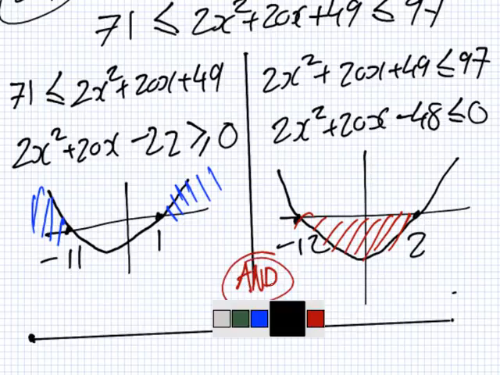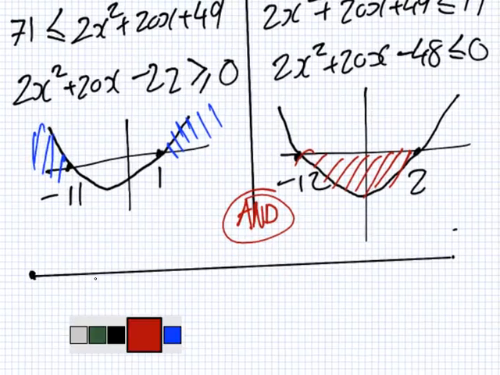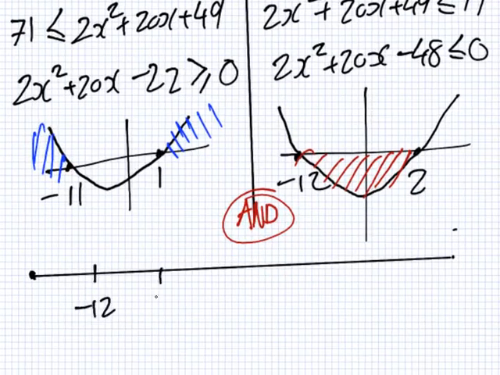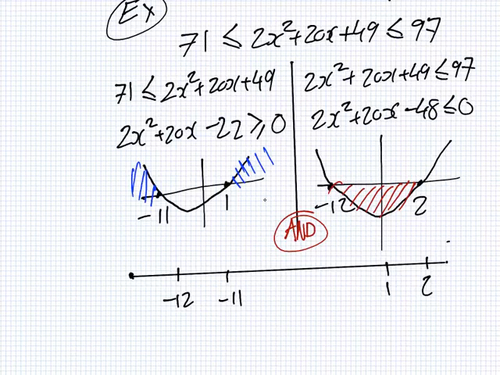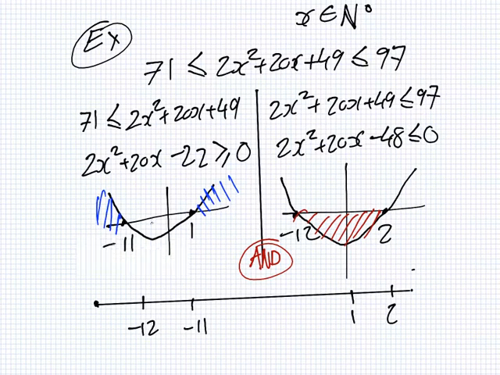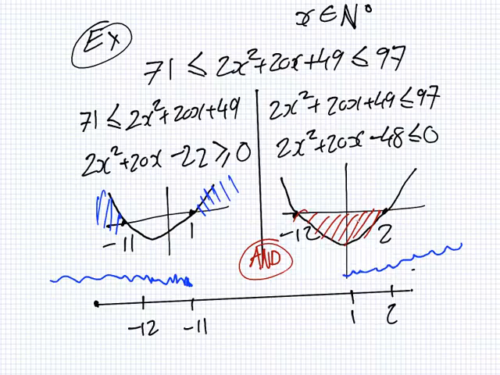Okay. So, minus 12, minus 11, 1 and 2. So let's do this one first in blue. There's minus 11. And then bigger than 1, there it is there. And then in red, there is bigger than minus 12, but less than 2.